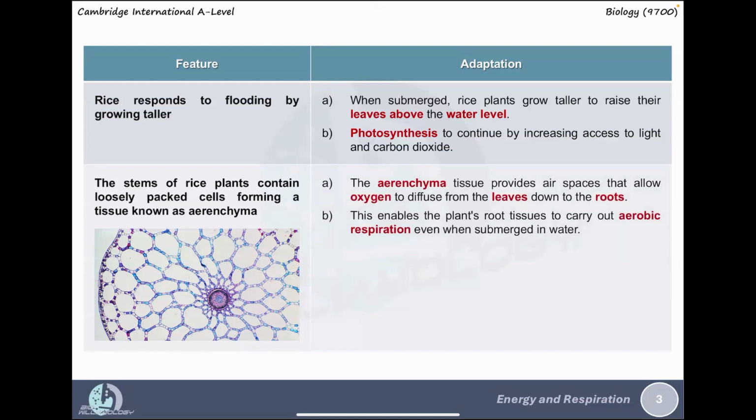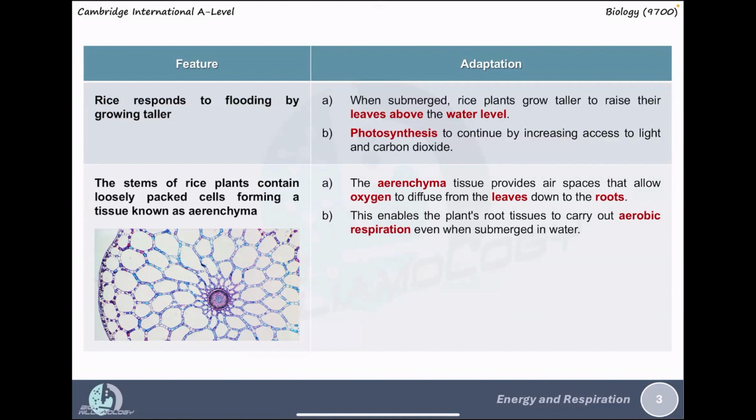So this parenchyma tissue provides air spaces that allow oxygen to diffuse from the leaf down to the roots. It is important to allow O2 to diffuse from the leaf to the root so that the root can carry out aerobic respiration, even though it is submerged under water.